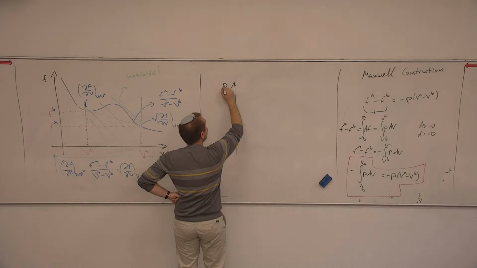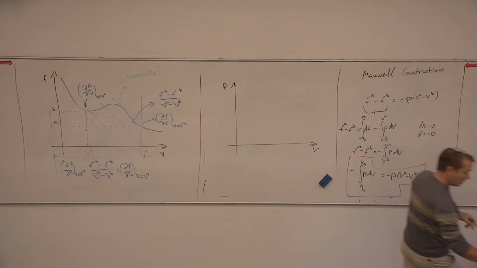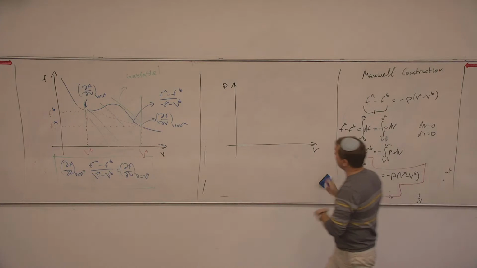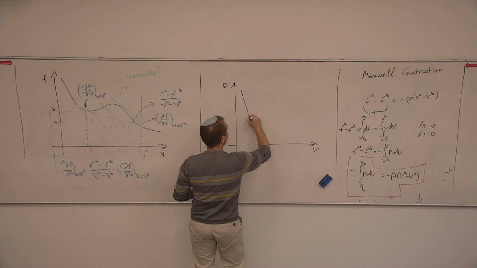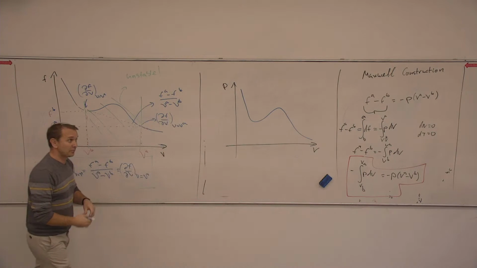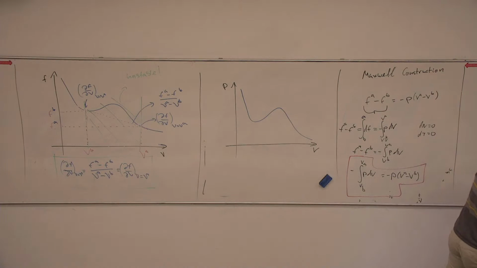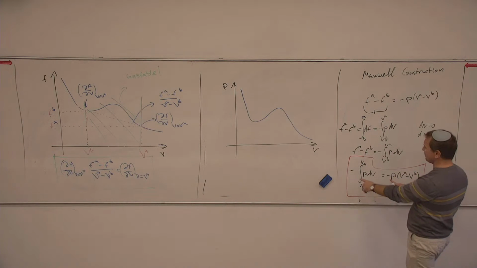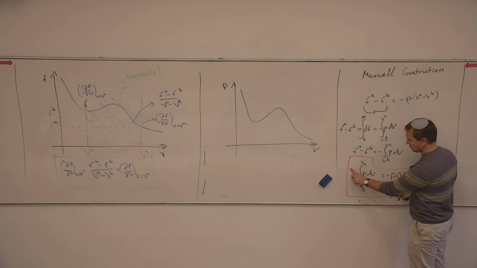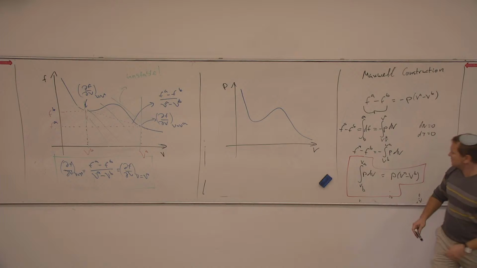So we have P and we have V, and we have this behavior, right, with this unstable region. Let's plot the left-hand side and let's plot the right-hand side. We can forget about the minuses, right? What does the left-hand side tell us?